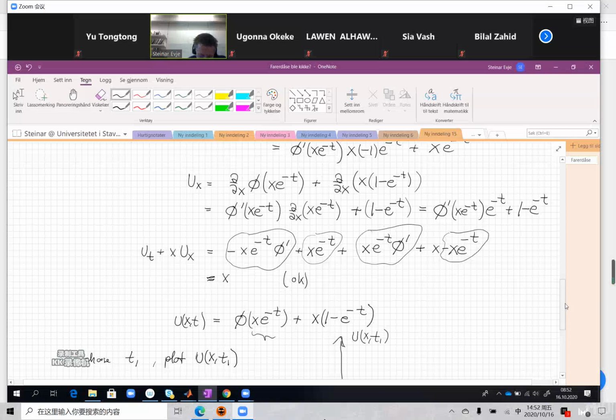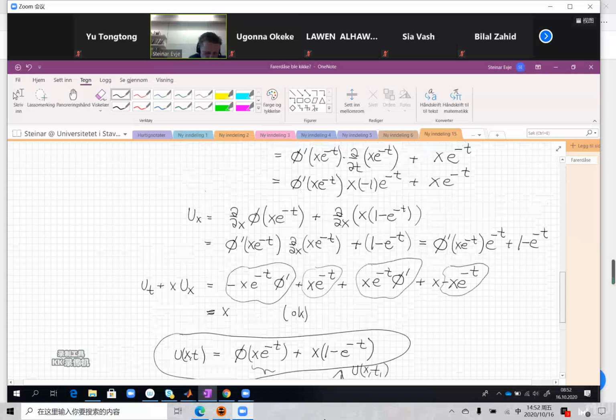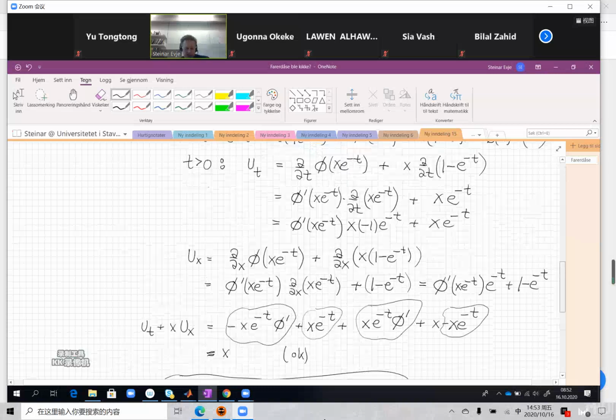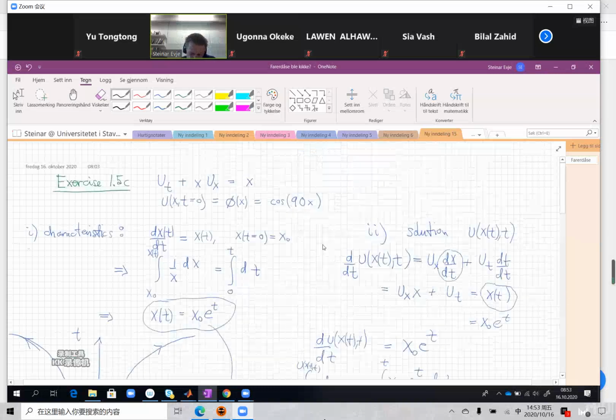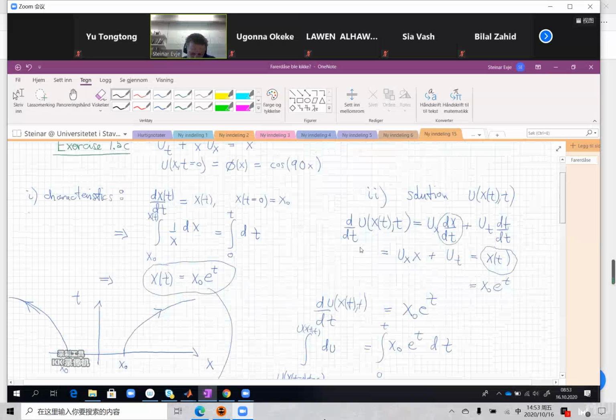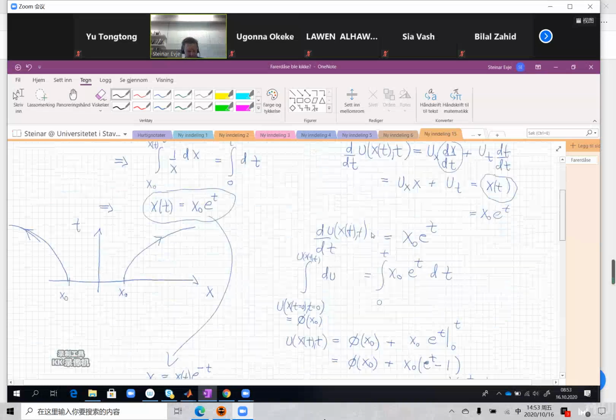If we have solved some of these equations, we will see that this part, which involves phi, comes from the left-hand side of the equation, whereas the second term, x multiplied by 1 minus e to the minus t, is an effect of the source term.